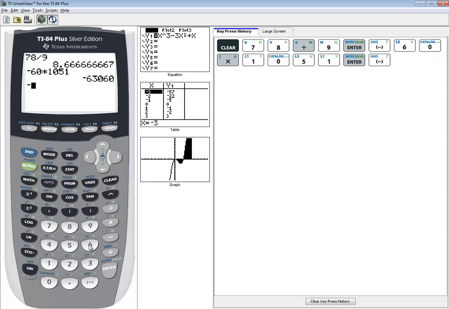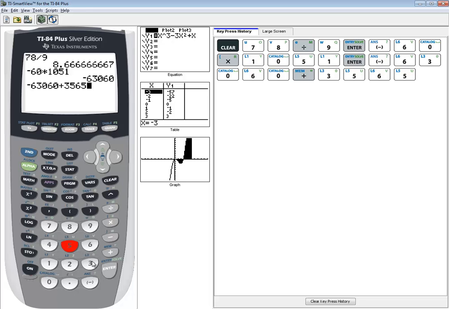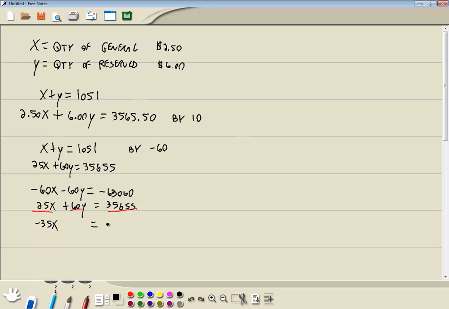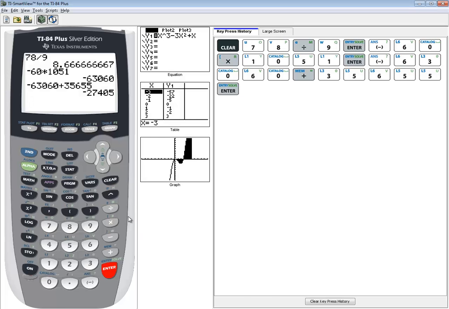Then negative 63,060 plus 35,655 gives us negative 27,405.